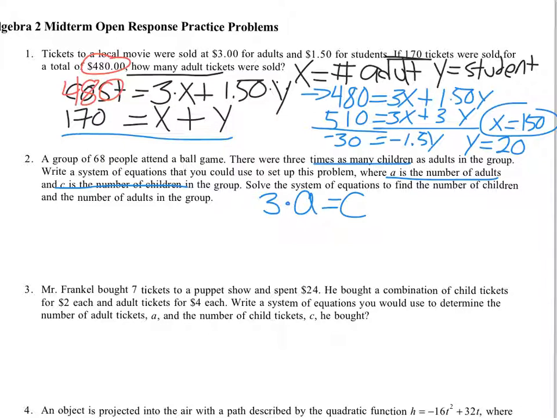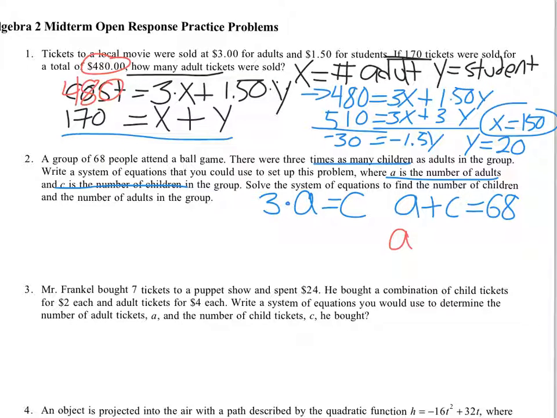And 68 people attend the ball game. Okay, that's another one of these. This is a classic setup. We have those two things being added together is equal to 68. This is a great problem for substitution to find the number of children, number of adults in the group.